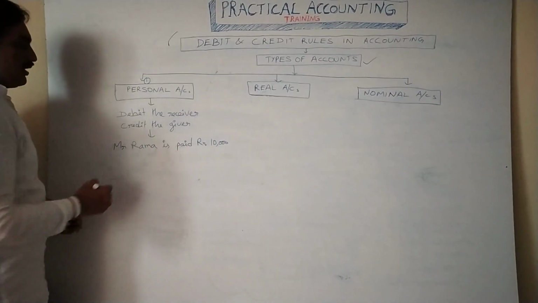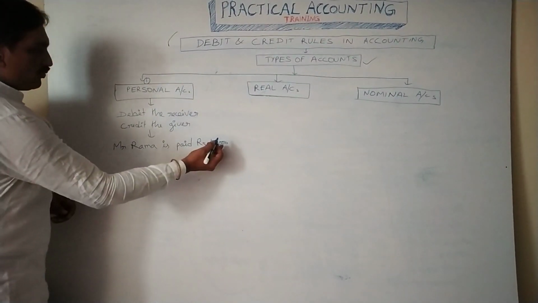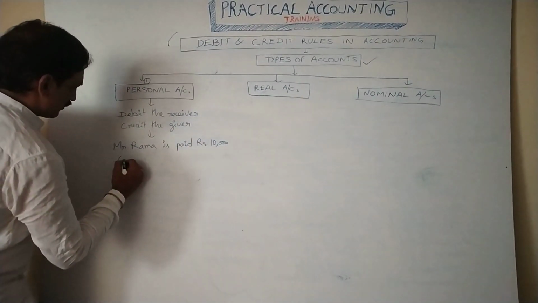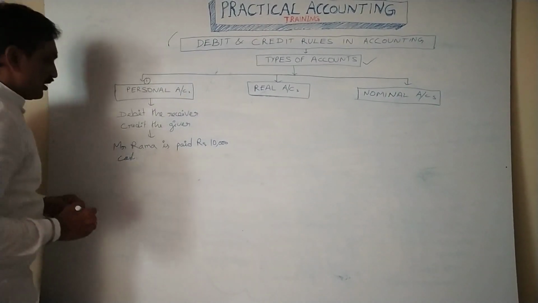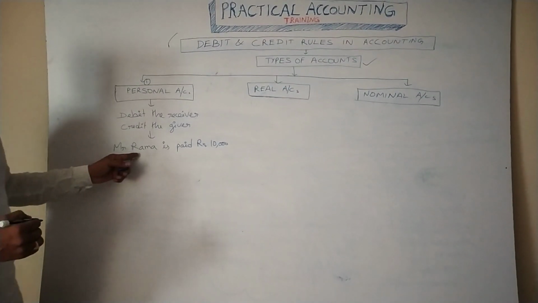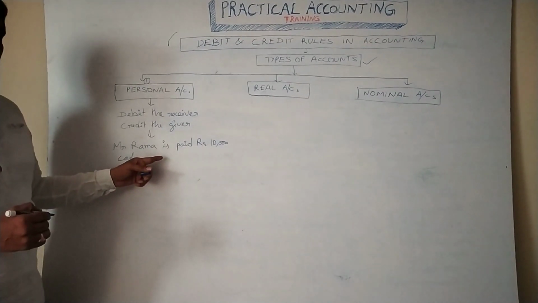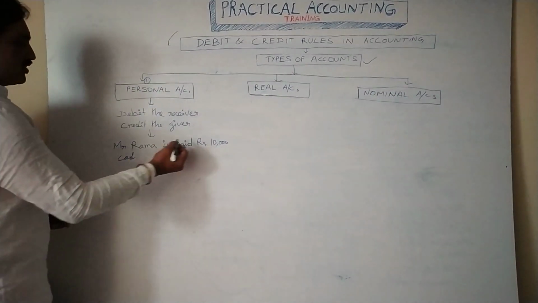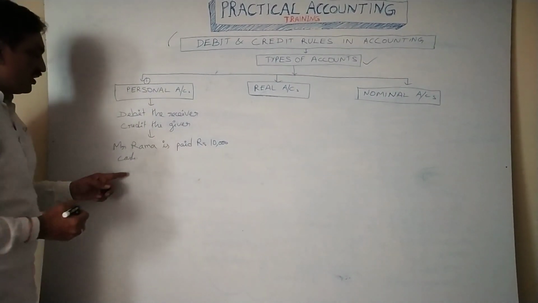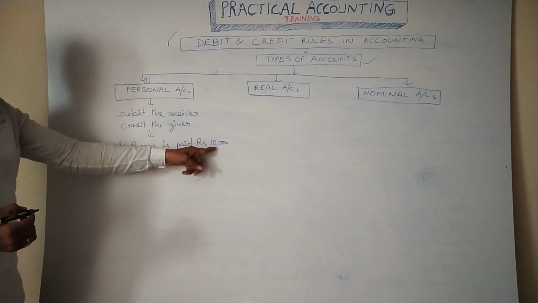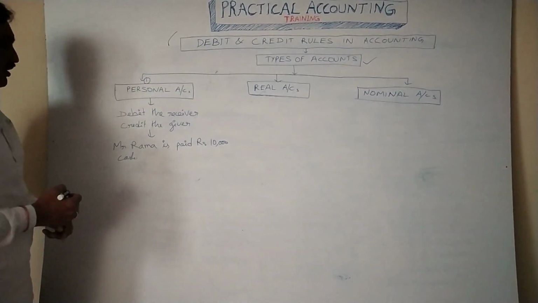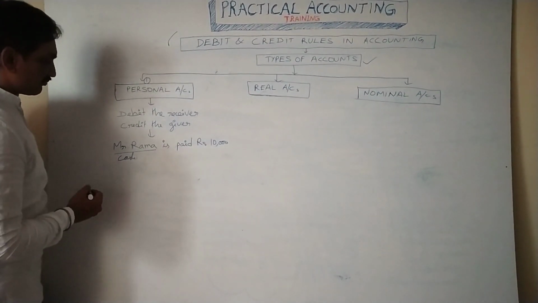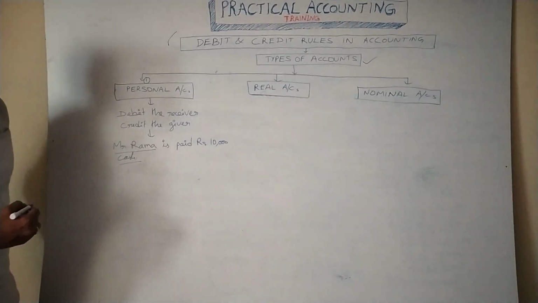Here, if you see, paid means that is nothing but cash. If it is paid by check, it is compulsorily mentioned with the check number and the bank. So if it simply says paid, it means cash only. So Rama is paid rupees 10,000 in cash. What are the accounts here? Mr. Rama is one account. Cash is the second account.